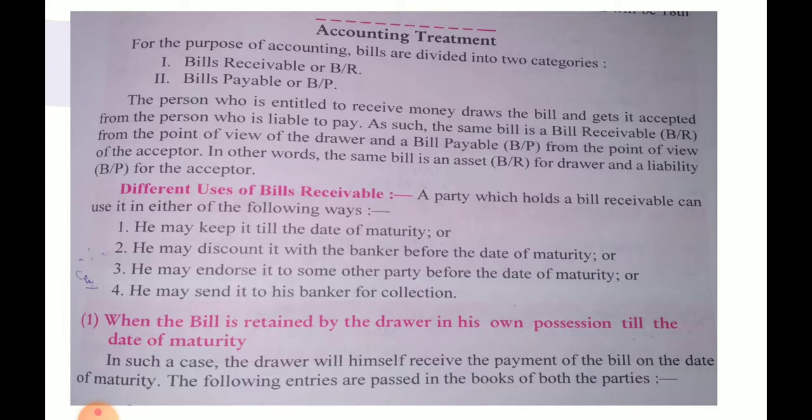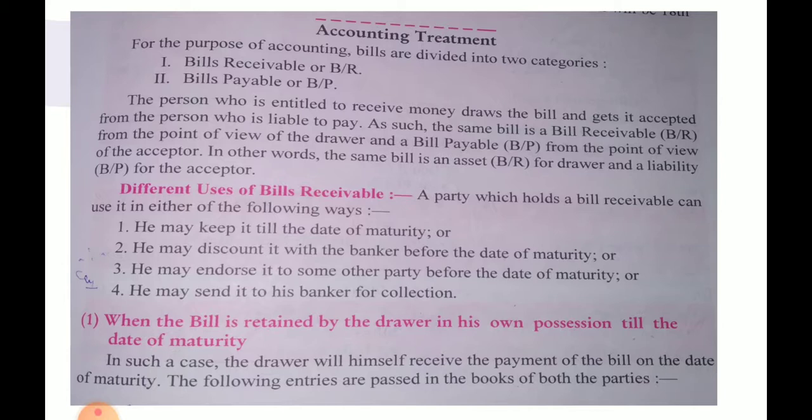For the purpose we have divided this into two categories, that is bills receivable and bills payable. That means you have to prepare both of the books, the purchaser's book or the seller's book, and in this you have to post each and every journal entry regarding the bills.